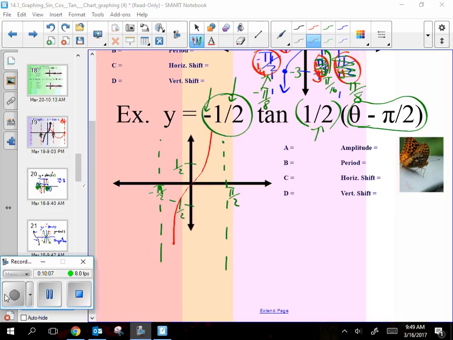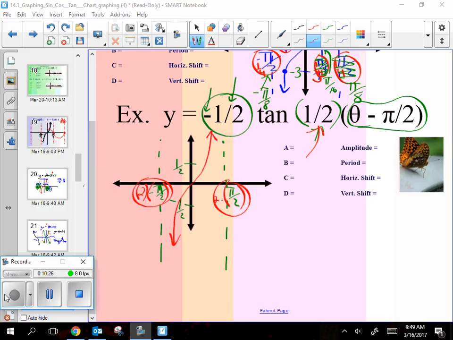And if this is where tangent normally goes, these numbers now have to get multiplied by not 1/2, but you don't trust it, do the opposite, multiply everything by 2. And this becomes pi over 4, negative pi over 4.